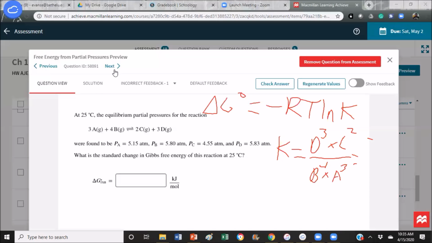So 5.83 cubed, 4.55 squared, over 5.15 cubed and 5.80 to the fourth. So you just got to make sure you have this typed into your calculator right.